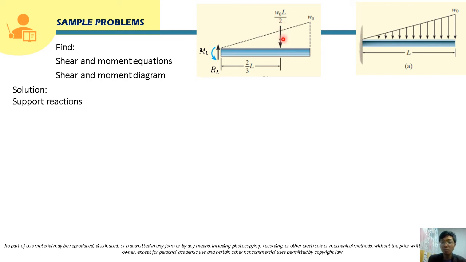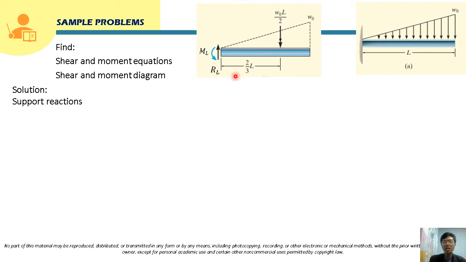And this equivalent concentrated load, class, will be located 2/3 L from the tip of this triangle. So this is 2/3 L from here. So if we measure the distance from this side, this is 1/3 L. But from here to the location of the point load, this is 2/3 L.